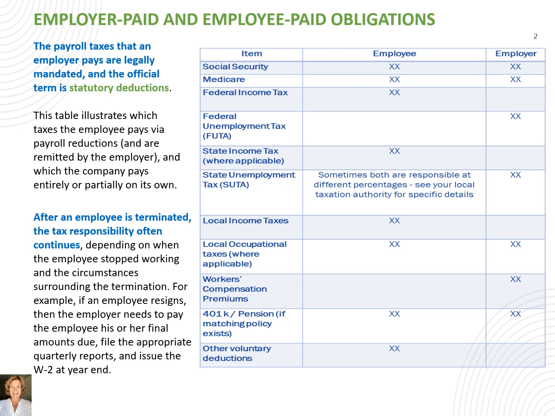For instance, for Social Security, Medicare tax, local occupational taxes where that exists, and 401k deductions. Income taxes such as federal, state, and local income taxes, as well as other voluntary deductions, are only paid by the employee. And FUTA and SUTA, with some limited exceptions, and workers' compensation insurance are paid only by the employer.